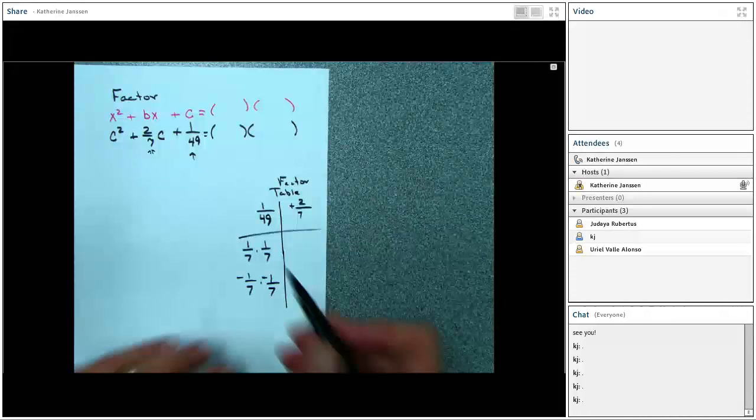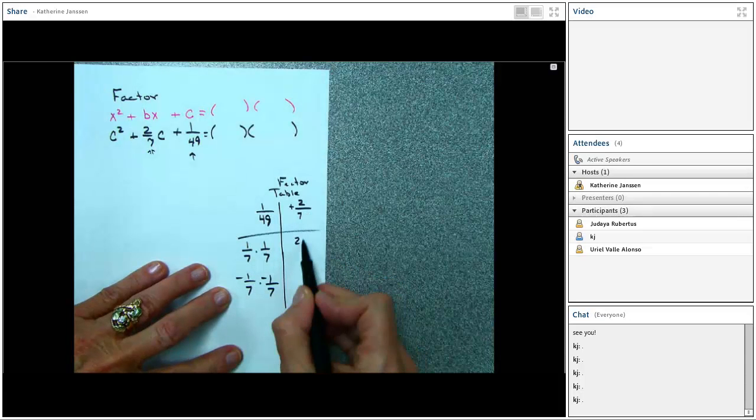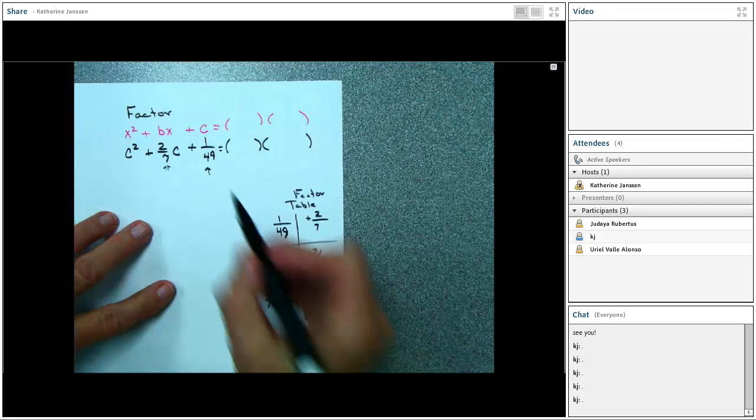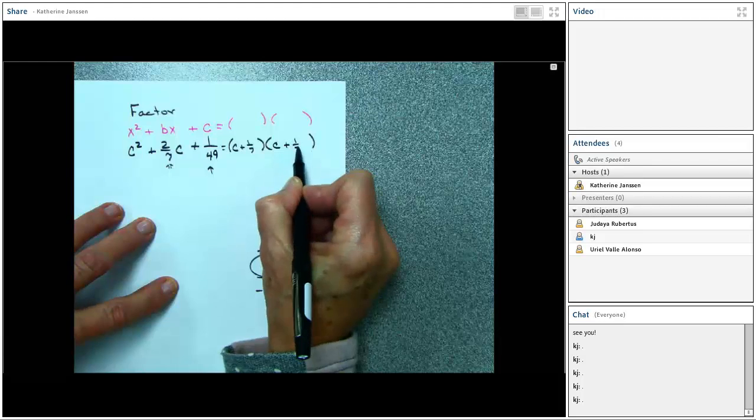And then adding the factor pairs, 1/7 plus 1/7 would be 2/7. So there's your factor pair. C plus 1/7, C plus 1/7.